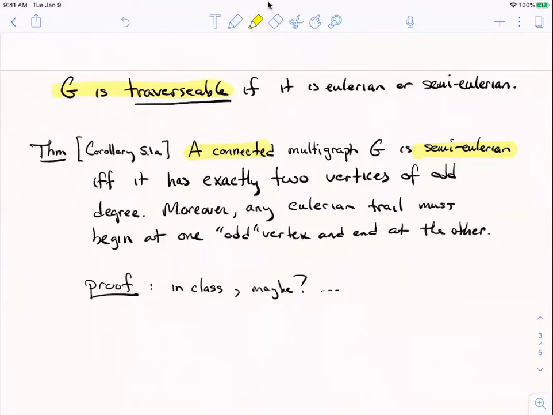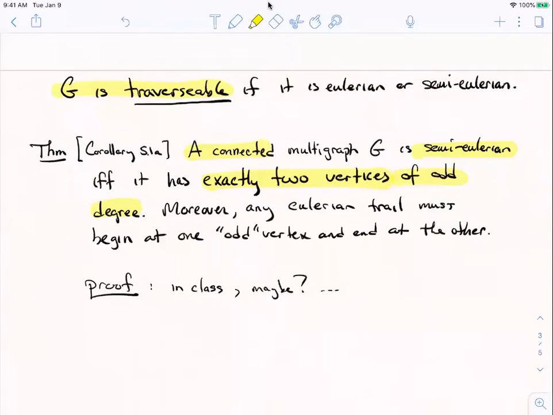We could talk about graphs that have at most one non-trivial component. In other words, you can always take this connected version of the theorem and say that if your graph had a bunch of isolated vertices, it would work too. I'm just trying to tell you the whole story, but it doesn't make it much more interesting. So what does it say? You have a connected multigraph. It's semi-Eulerian if and only if exactly two of its vertices have odd degree.